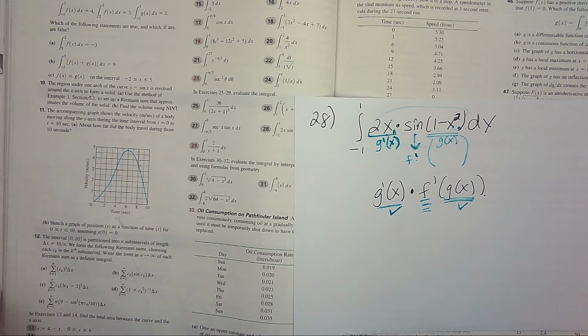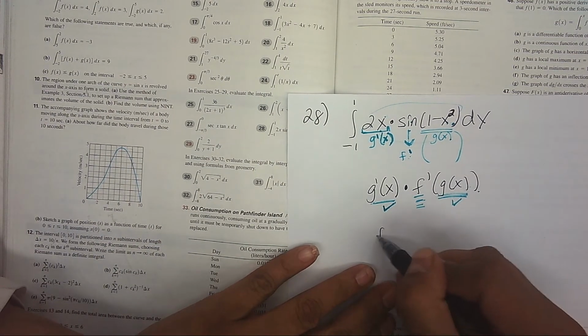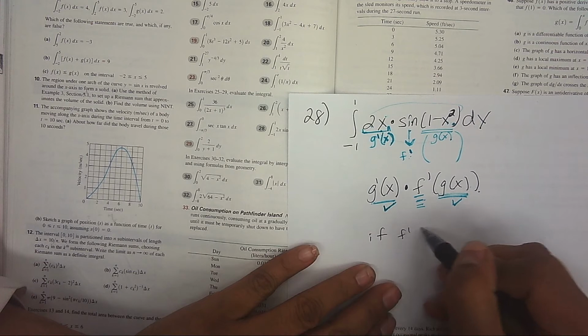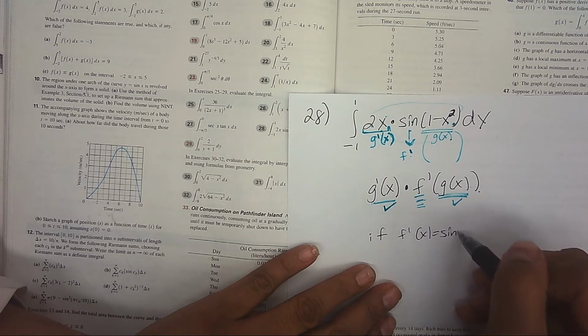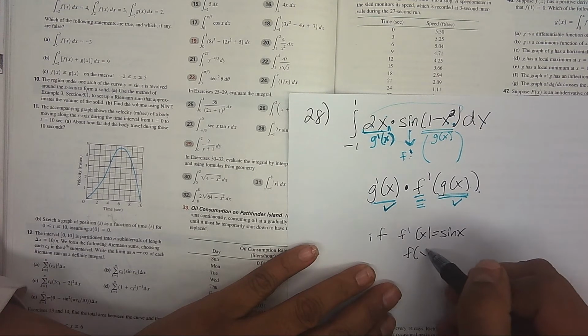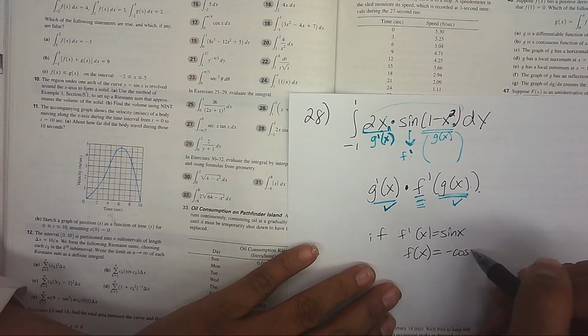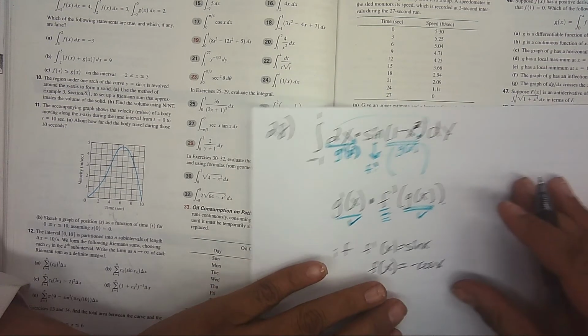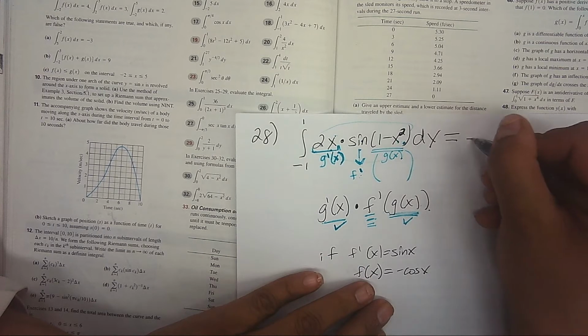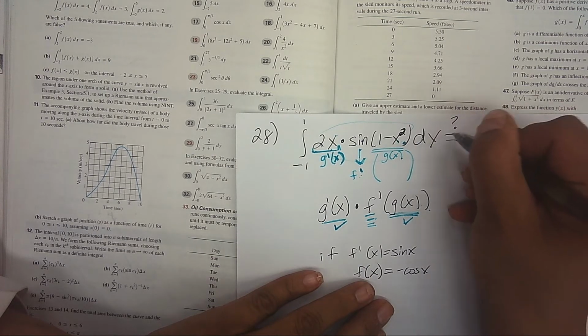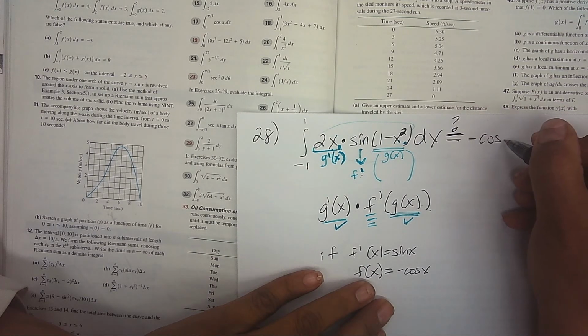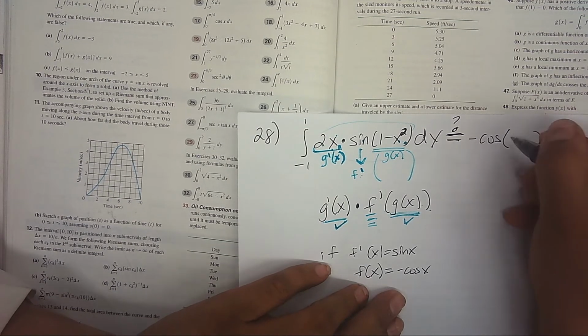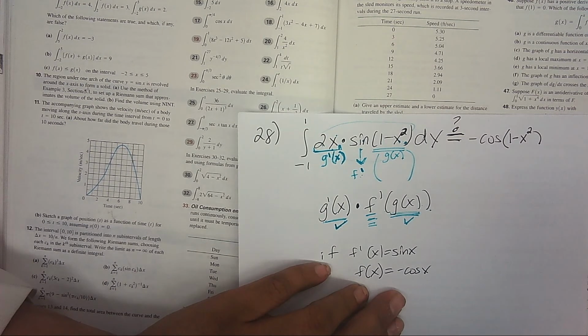So if f prime, let's write this down, f prime is sine of x, then let's work backwards and identify that f of x is negative cosine of x. Okay, so here's my antiderivative, negative, I think, question mark, negative cosine of, not x, of 1 minus x squared.